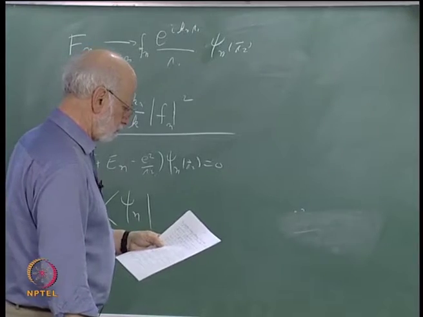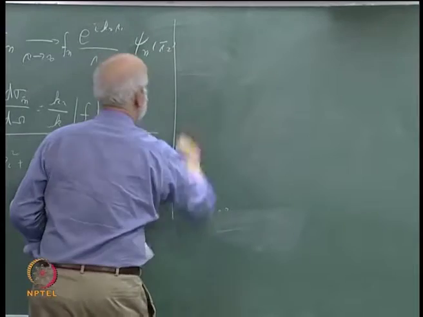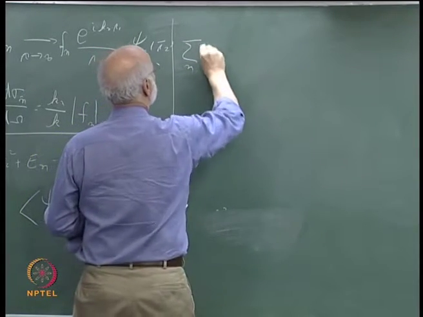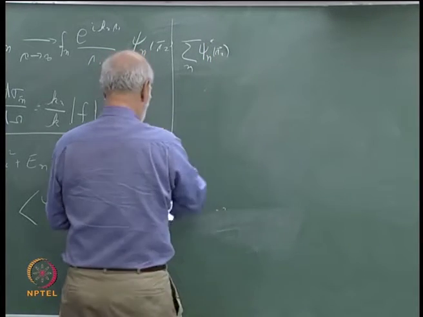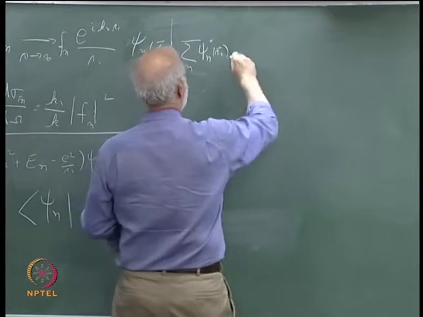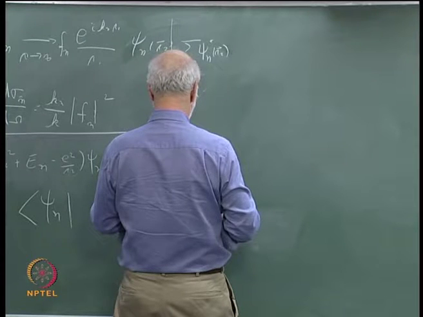What I'm going to get is sigma over n, psi n star of r2. Make sure I've done this right.